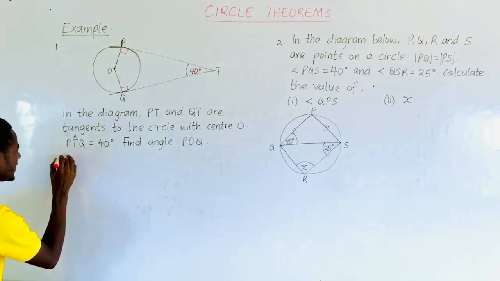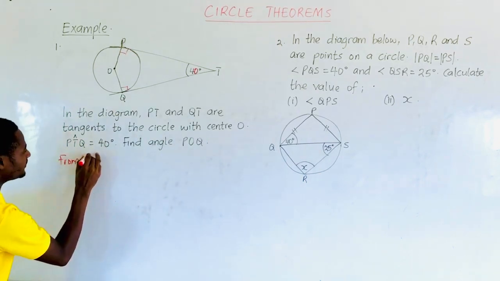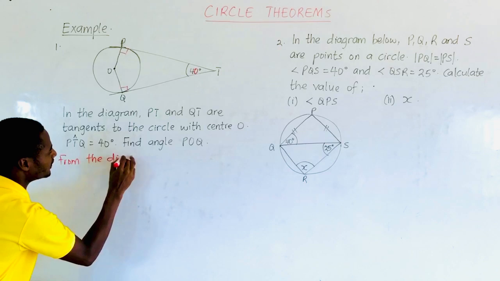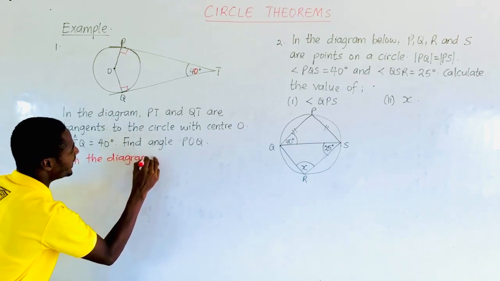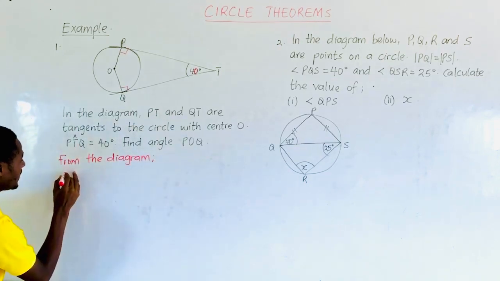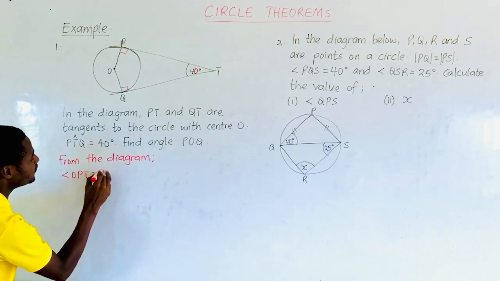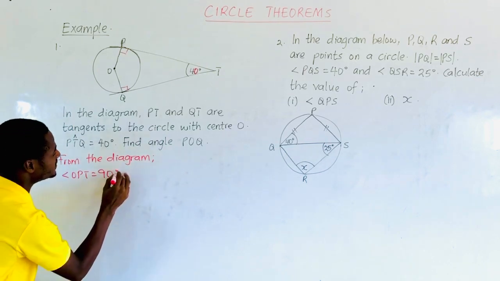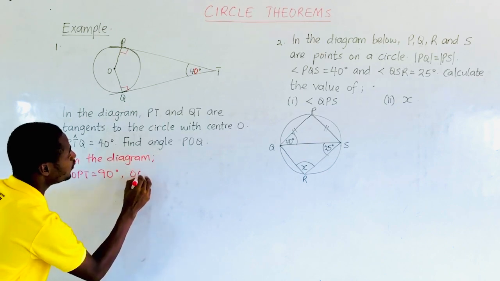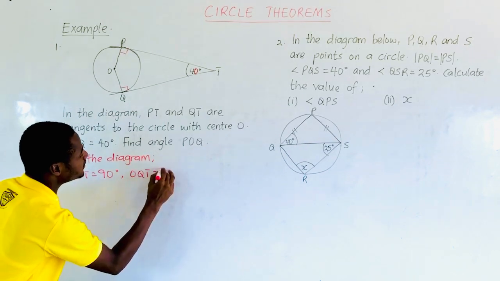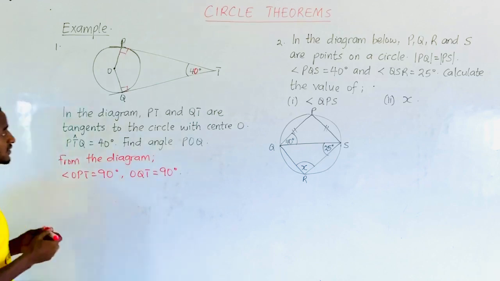So, we will state that from the diagram, angle OPT is equal to 90 degrees, and then angle OQT is also equal to 90 degrees.